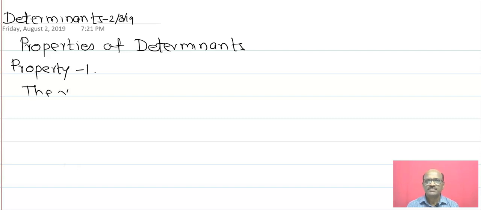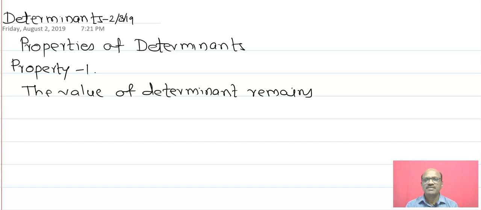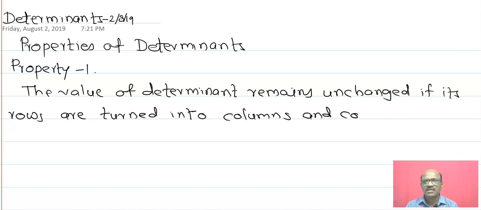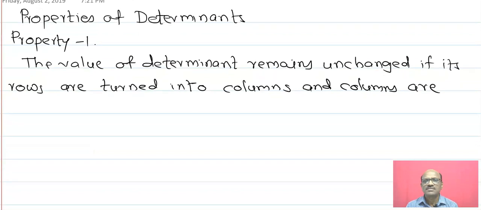The first property: the value of a determinant remains unchanged if its rows are turned into columns and columns are turned into rows.